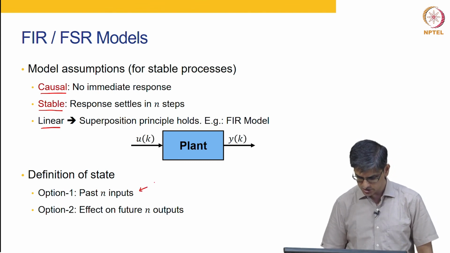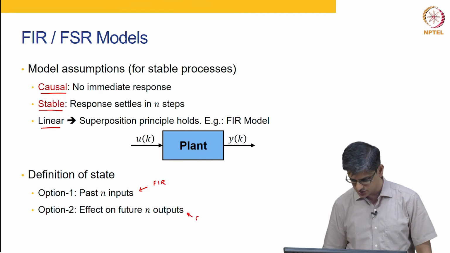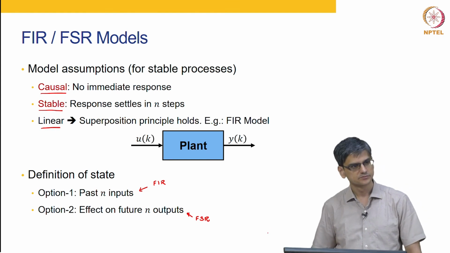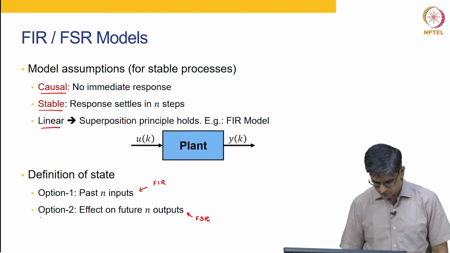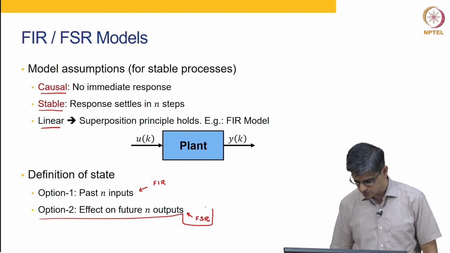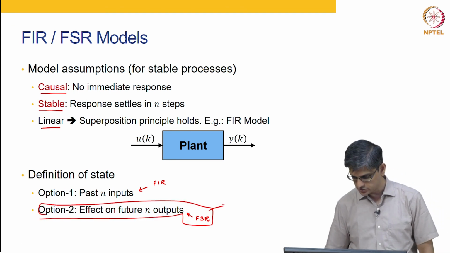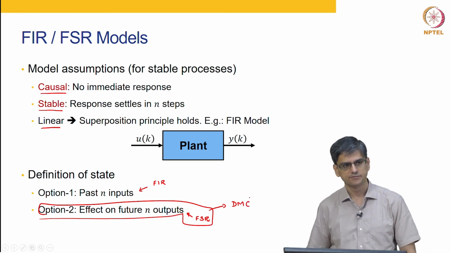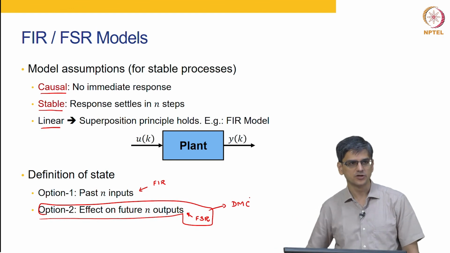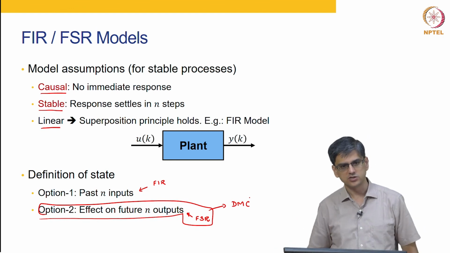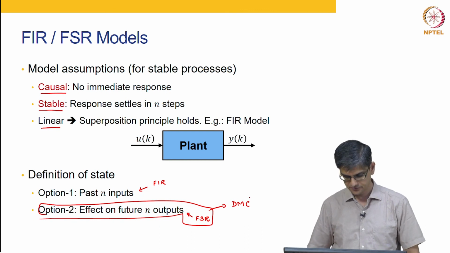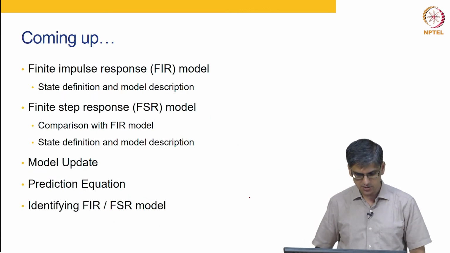I will use this definition for finite impulse response models, I will use this definition for finite step response models. And for the rest of the MPC part, we are going to stick to this because this is what the DMC controller was based on, and we are kind of going along with the history and talking about this historically to motivate how MPC works. So, that is our strategy.